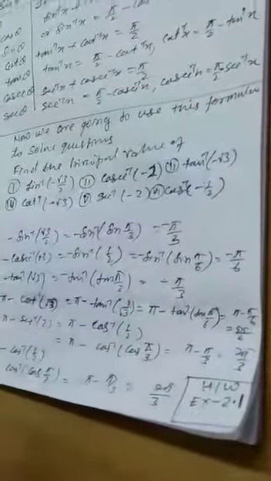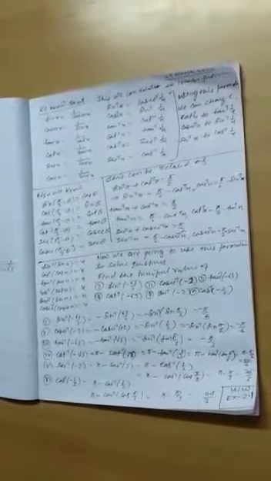So this formula we are going to use, and I think these formulas are enough to solve the questions of exercise 2.1. That's why I am giving homework exercise 2.1. All the questions you try and you can solve.